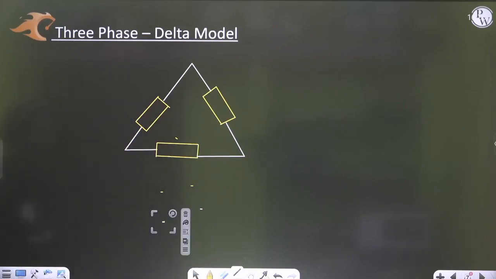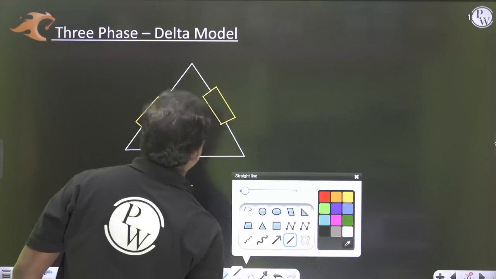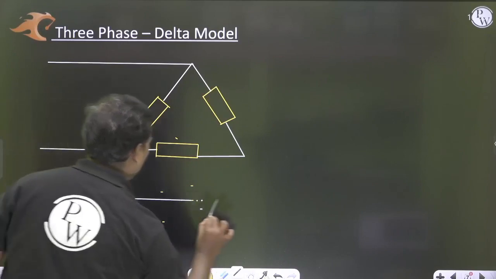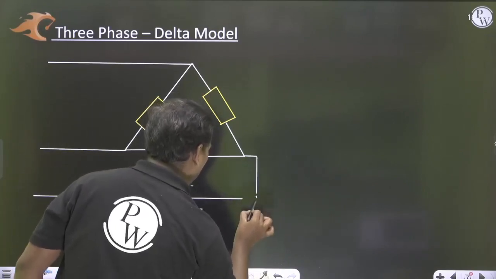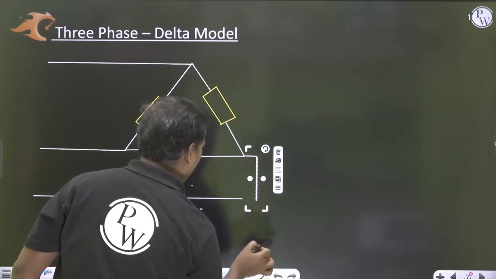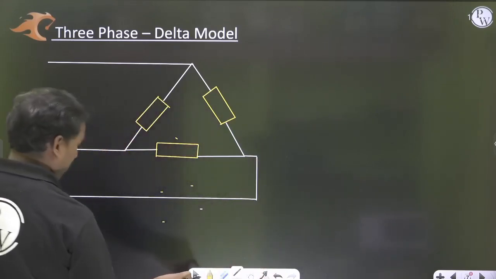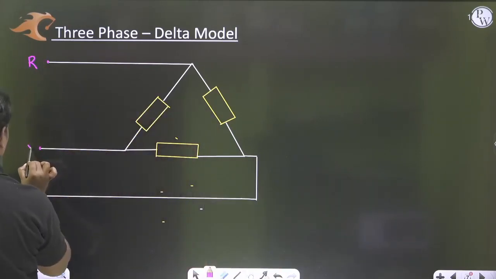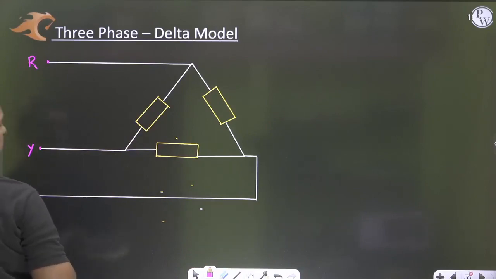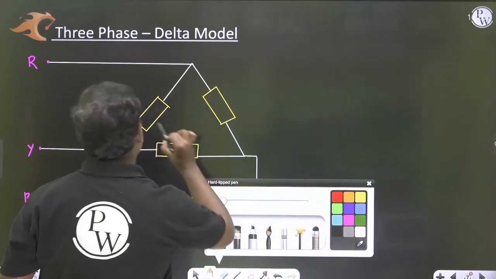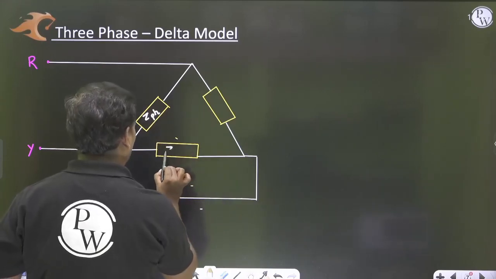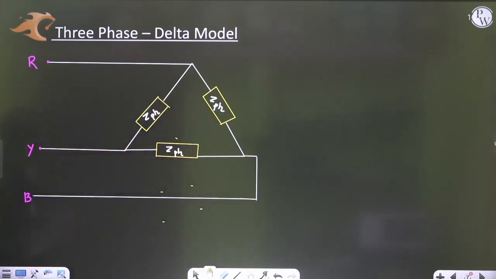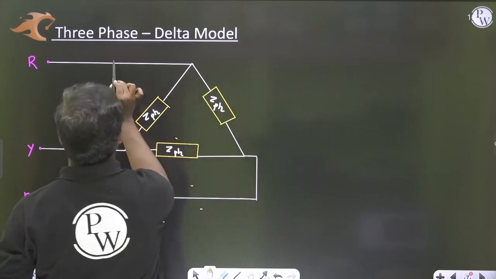So let me take the R line, Y line, and B line. This is what we call ZPH.